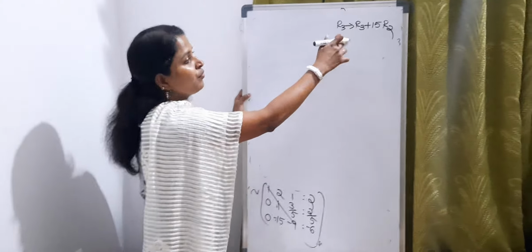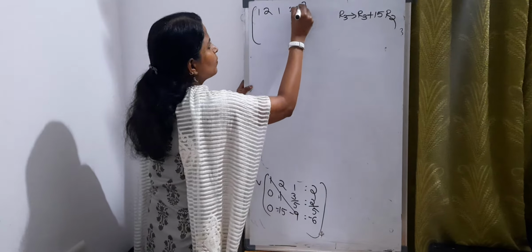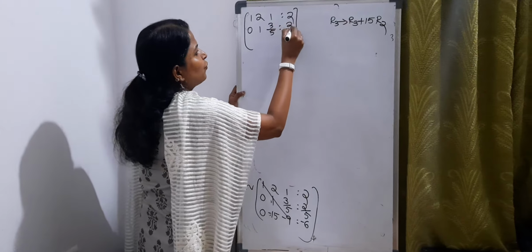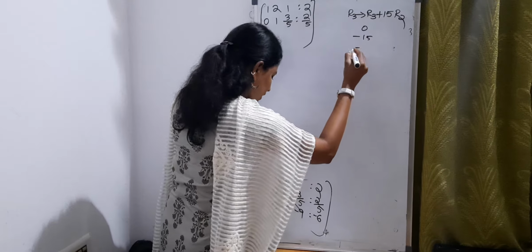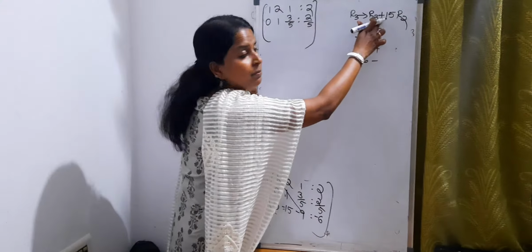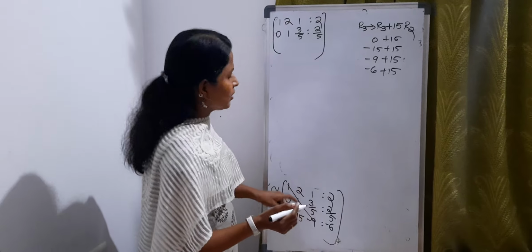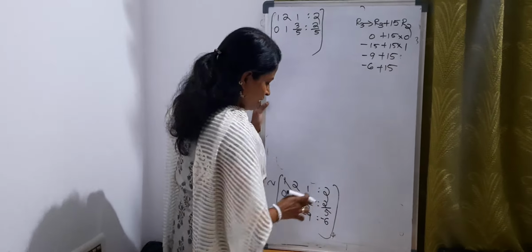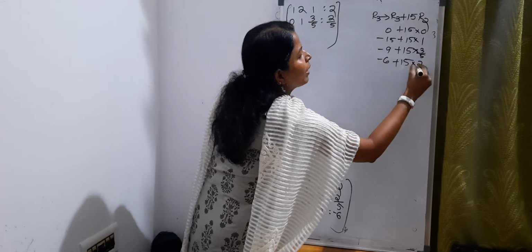R1 is the same, 1, 2, 1, 2. The second row R2 is 0, 1, 3 by 5, 2 by 5. The last one is 0, minus 15, minus 9, minus 6, plus 15 times R2: 0, 1, 3 by 5, 2 by 5.